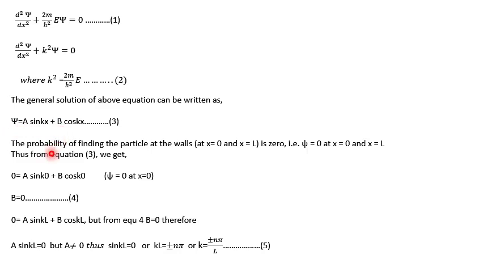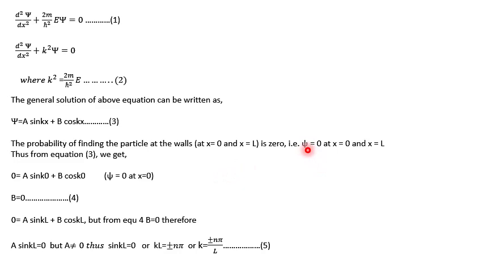Now what are these boundary conditions? Boundary conditions are basically the initial condition and the final condition of any event. Our particle is moving from x equal to 0 to L, so the initial condition is at x equal to 0 and the final condition is at x equal to L. Because the particle is not able to penetrate the wall, the probability of finding the particle at the wall is 0.